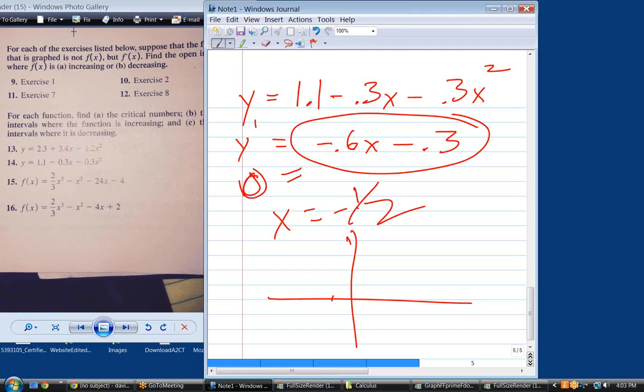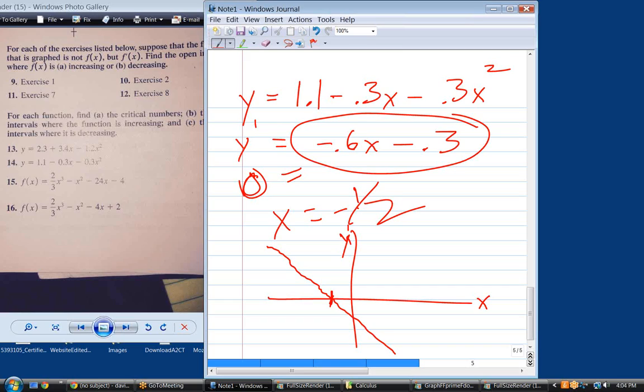That's where y is equal to 0, or y prime in this case. In other words, this axis here is actually y prime, and this is still x. Well, I can see the slope is negative 0.6, something that looks like that. Apologize for not being able to draw a straight line, but if we look, remember we're looking at y prime here. So the only thing we need is what's happening to the left of minus 1/2.